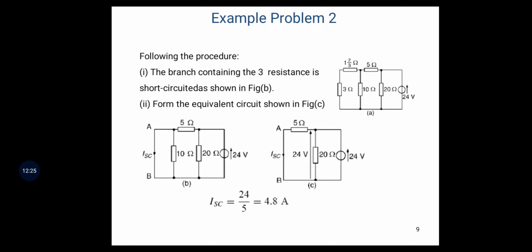First the branch containing the 3 ohm resistance is short circuited, that is the 3 ohm resistor is short circuited, ISC. Next, from the equivalent circuit shown in figure C, after short circuiting the AB terminals, the short circuit is in parallel with the 10 ohms. So it provides zero resistance. The equivalent resistance is zero.